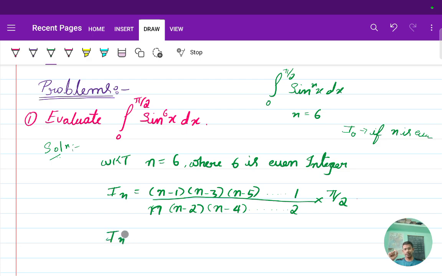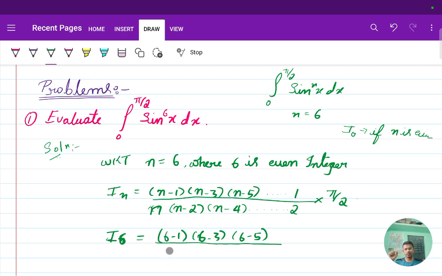I6 is equal to (6 minus 1) into (6 minus 3) into (6 minus 5). What is 6 minus 5? Finally we get 1, so we end up with this here.